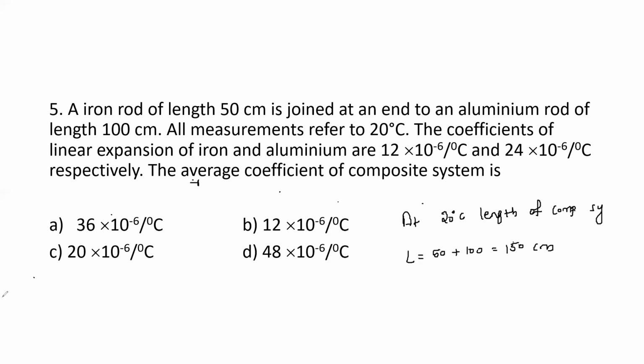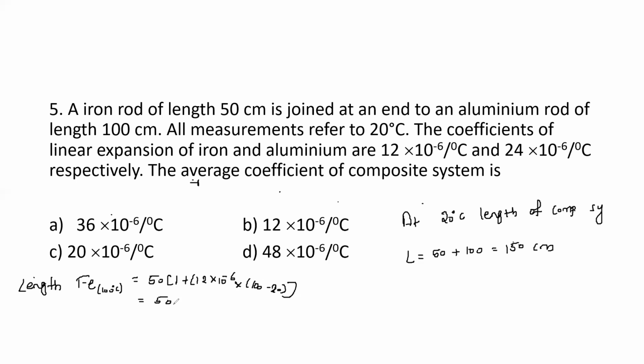That is given by, so length of iron rod at 100 degree Celsius is equal to 50 into bracket, 100 minus 20.